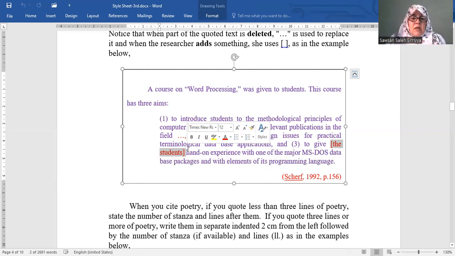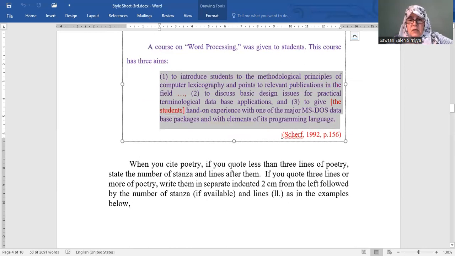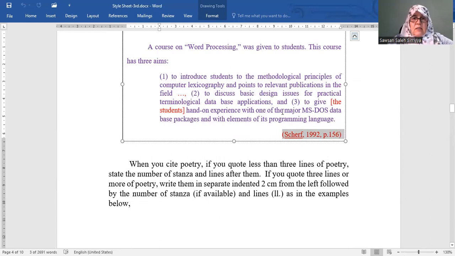Because sometimes when I delete, probably I delete the subject or the object or complete sentences, so I need to make my quotation grammatical. The final result should be grammatical. And don't forget, notice here, the source is written at the right side of your quotation.